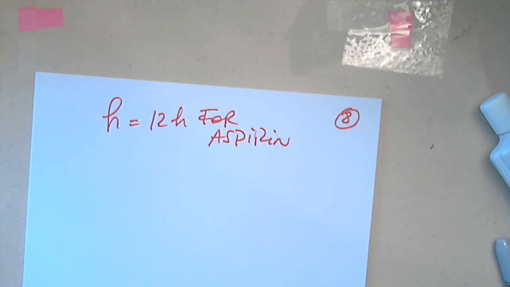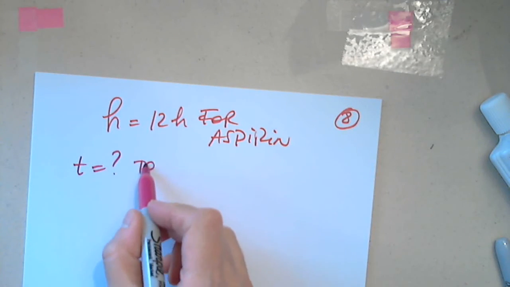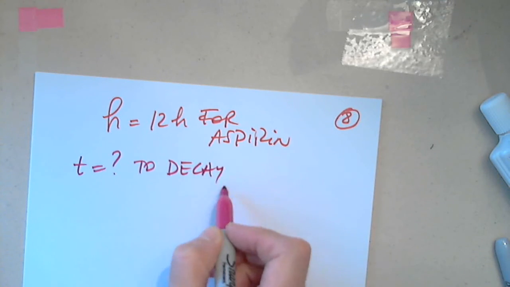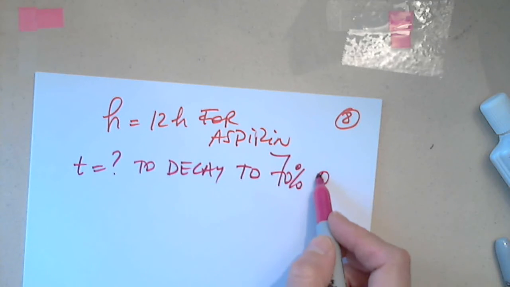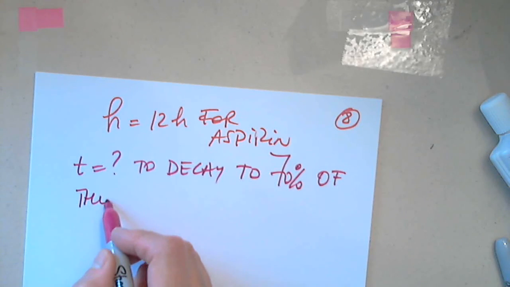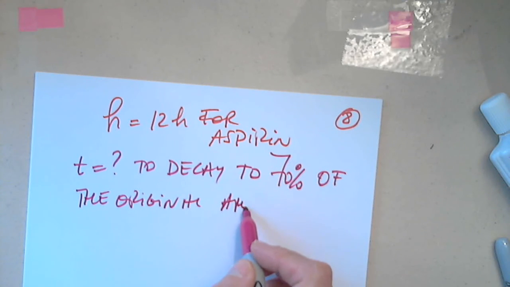They say, how long will it take for a sample of the substance to decay to 70% of the original amount?